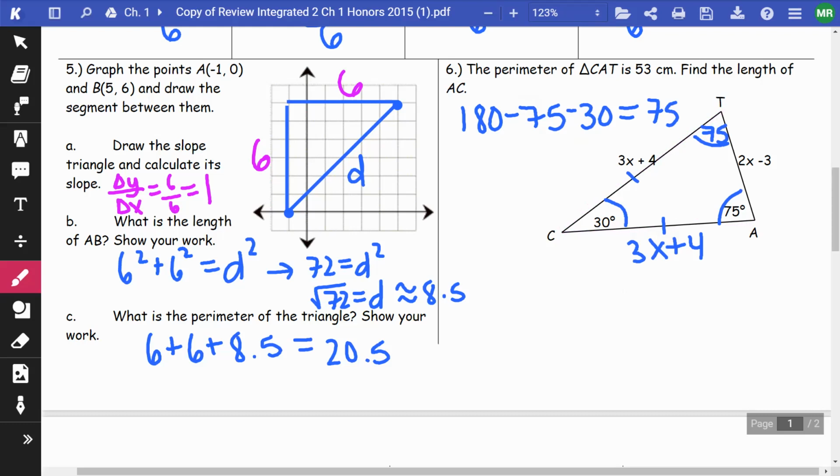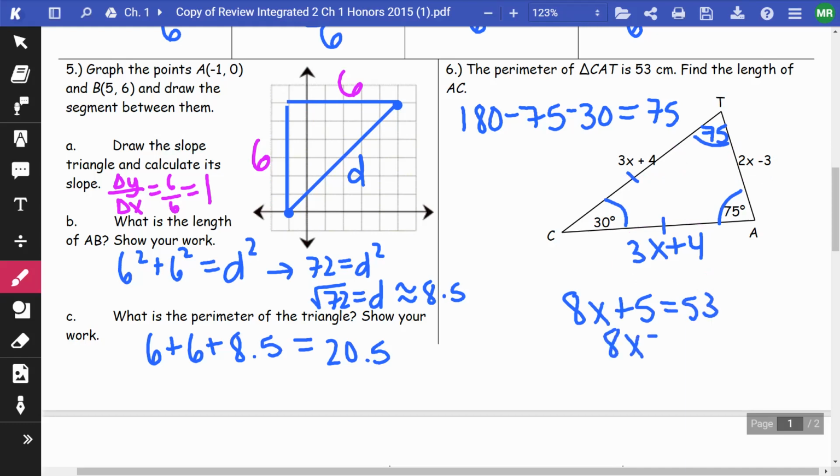So now I'm going to add up all 3 sides. So I am going to take this 3x plus 4 plus 3x plus 4 plus 2x minus 3. And so adding that together, I get 8x plus 5 is equal to 53, and then we solve.